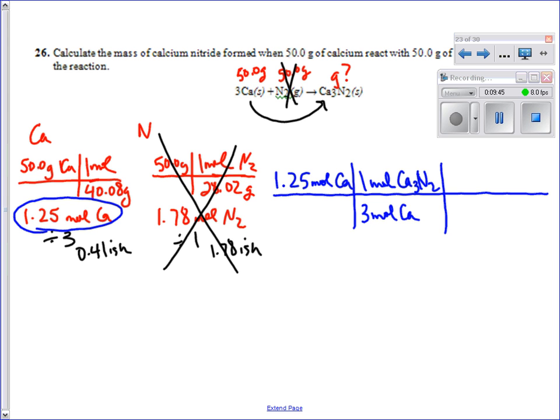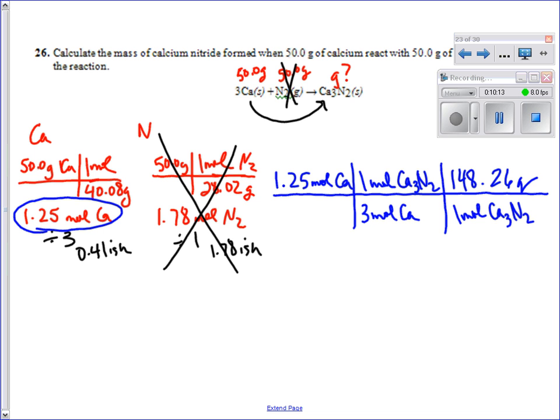And then I need grams though. So for every 1 mole of calcium nitride I have, molar mass. Anybody? I know somebody has it. Come on, guys. 148.26.